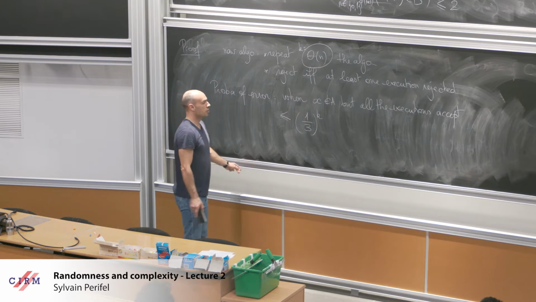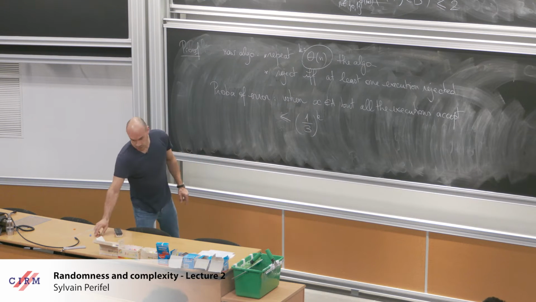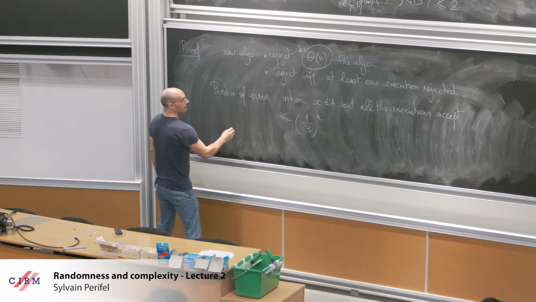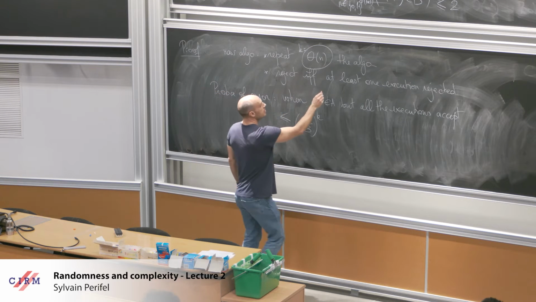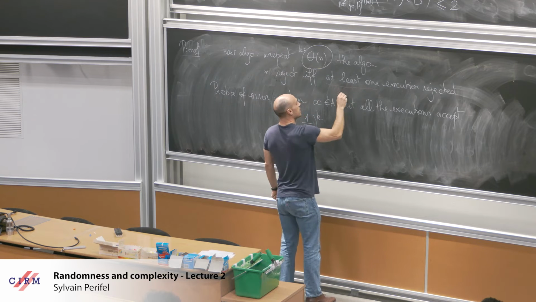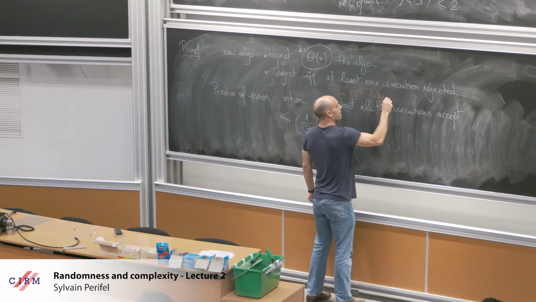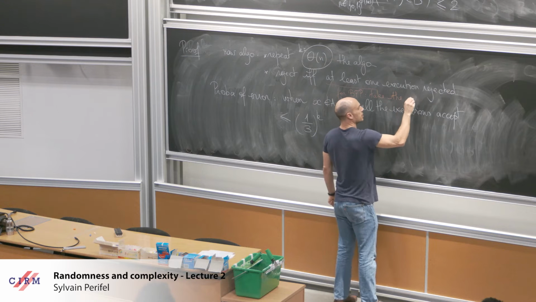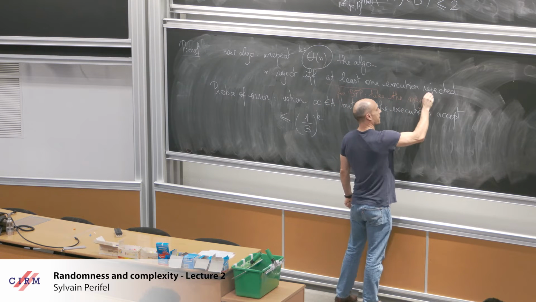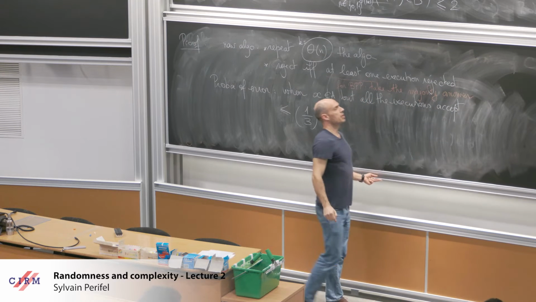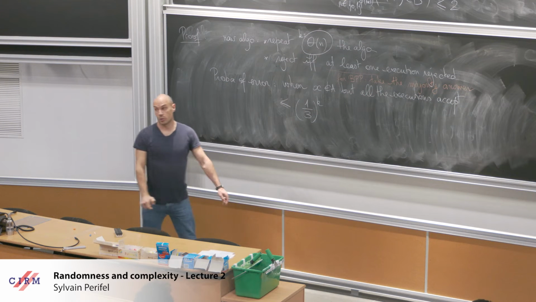Okay. So actually you can do the same for BPP. Just let me mention it. For BPP, you will not do this. For BPP, you will take the majority answer. So if most of the executions rejected, you reject.